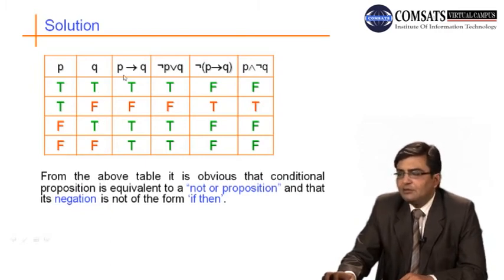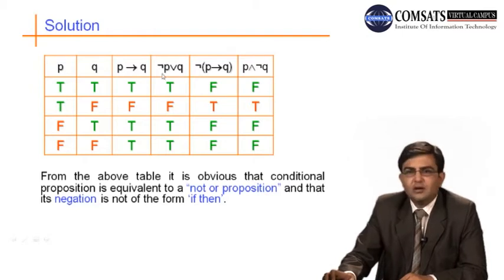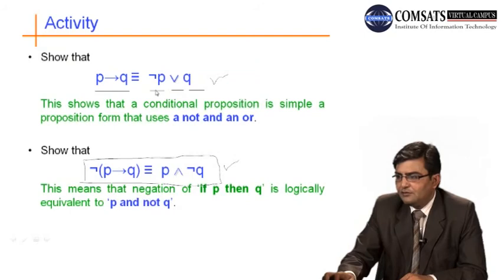The truth table of P implication Q, as you know, is true, false, true and true. Now we need not P or Q. We have to now prove P implication Q is logically equivalent to not P or Q.